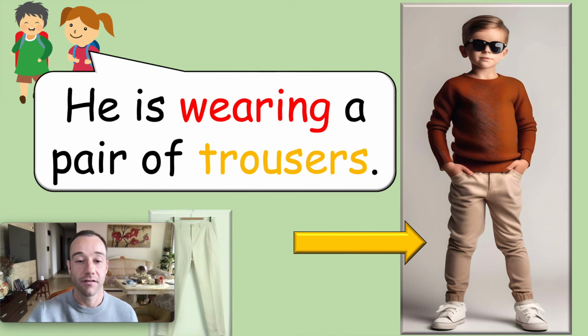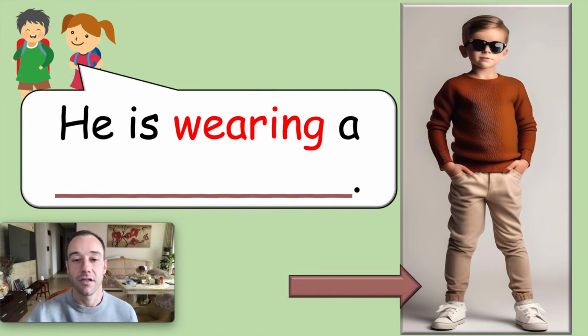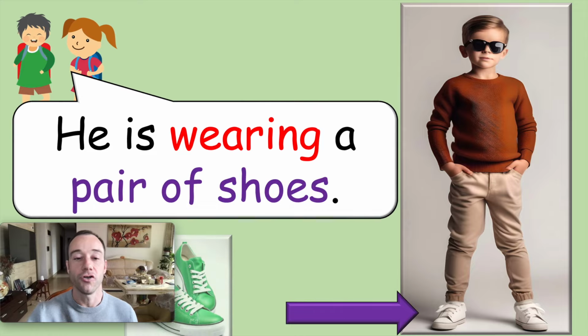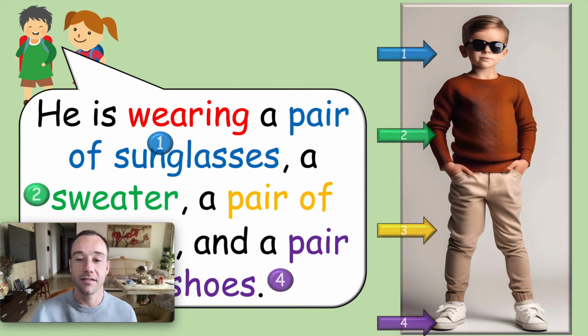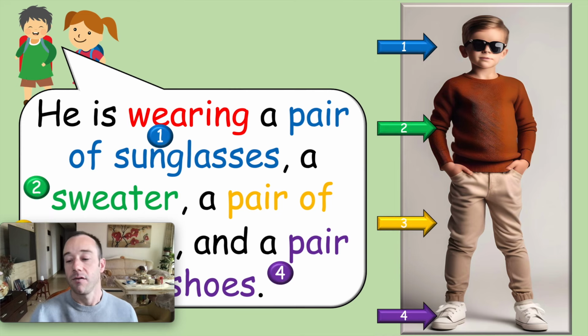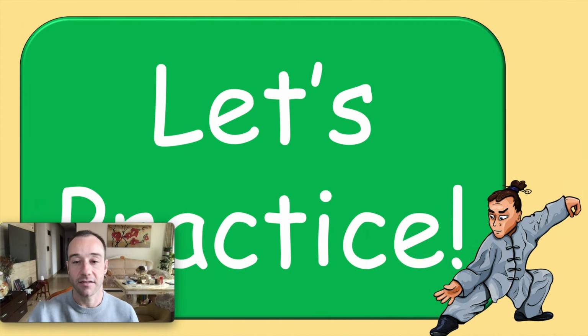They're just pointing at it. And they have to kind of figure a little bit out. They have to figure it out more on their own, okay? He's wearing a pair of trousers, and he's wearing a pair of shoes, okay? And then they put it all together into one big sentence. You can say it as a team, as a whole class. Okay, you can call on a single student to stand up and say it, and then let's practice, okay?